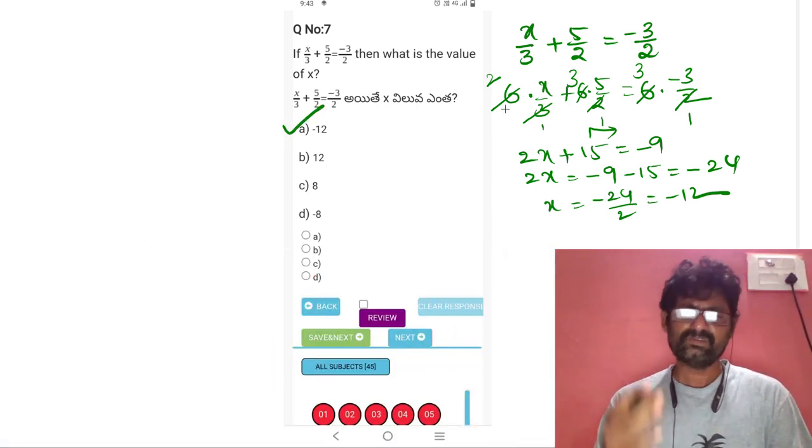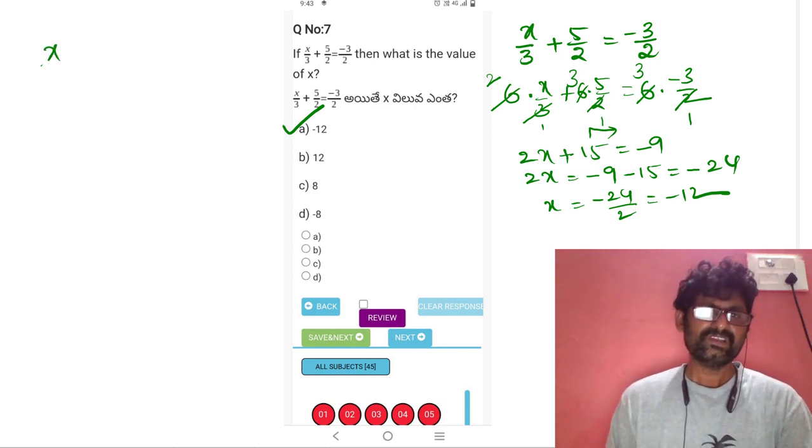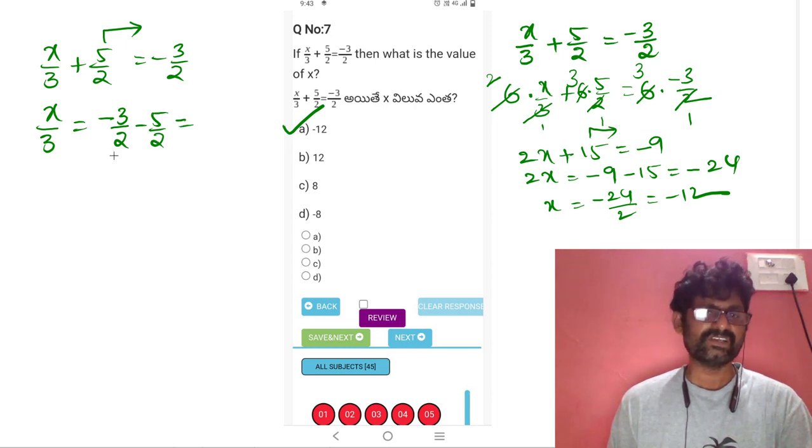Without taking the LCM and without multiplying by 6 also we can do it. You see here x by 3 plus 5 by 2 equal to negative 3 by 2. First send this 5 by 2 to the right side. So x by 3 equal to negative 3 by 2 minus 5 by 2. On the right side the denominators are the same, so we can take 2 as the common denominator.